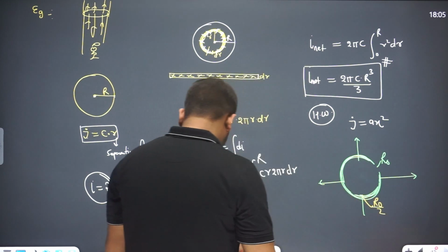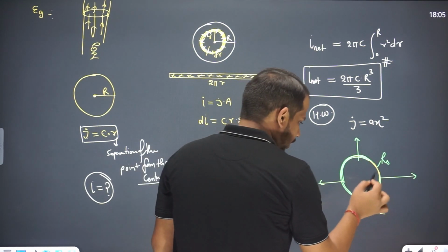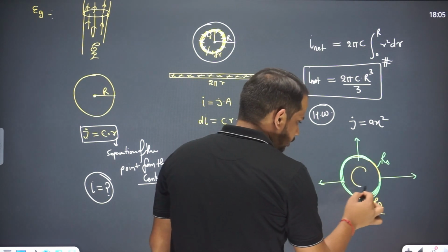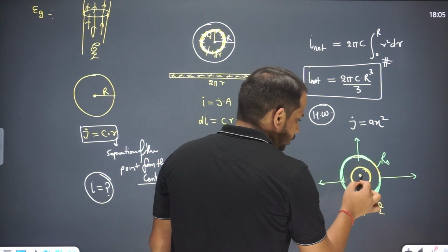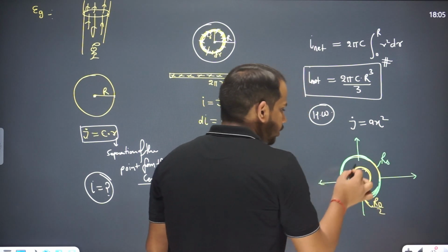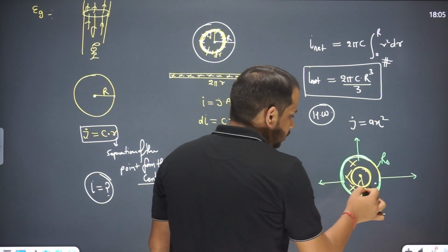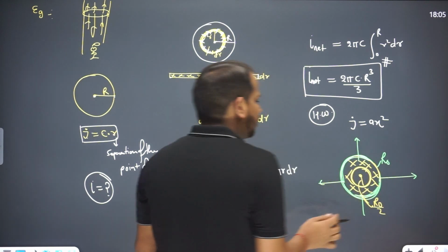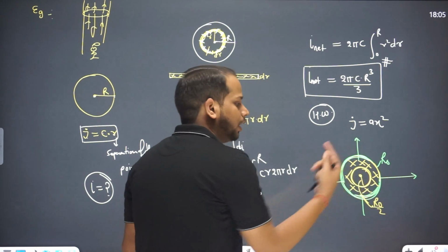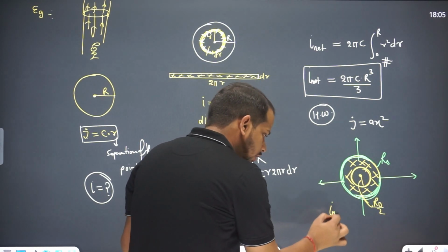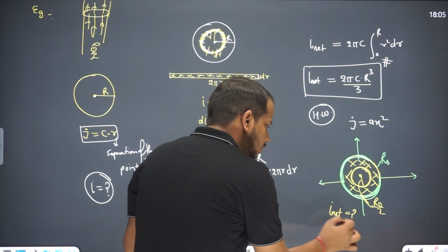This is the outer part we have, and this is the inner radius we have. What is the inner radius here? That is R0 by 2, and here is the current we have. So you have to find out the total current. It's a cylindrical wire, you can imagine. So you have to find out the I net in this situation, right?